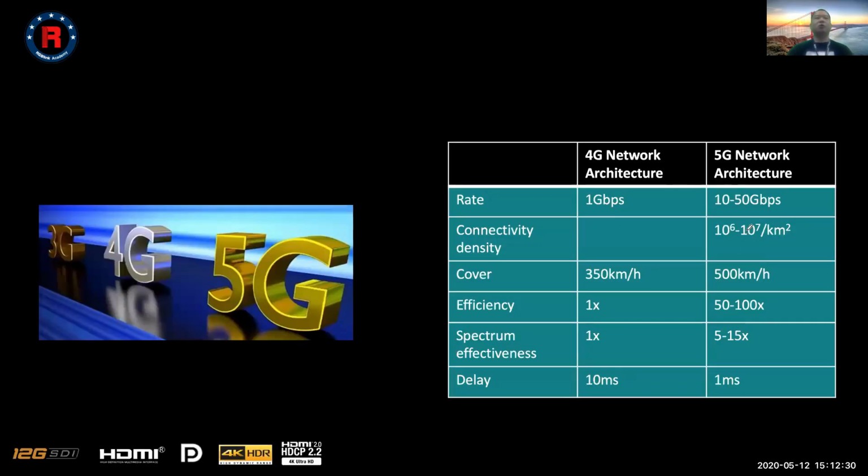The third challenge comes from the transport. This is a quite good example to compare the transport requirements. For telecom communication, we started from 2G and then 3G, and for now it's normally 4G. And we are going from 4G to 5G.